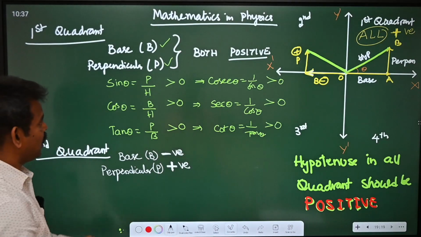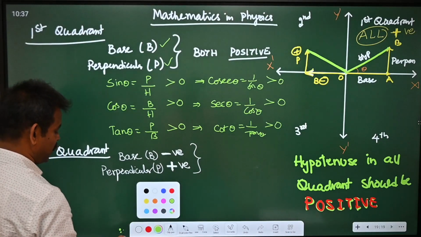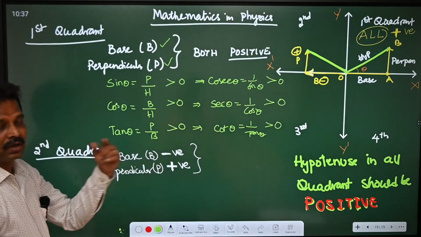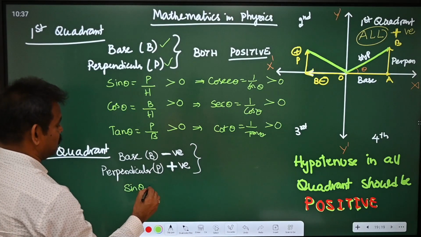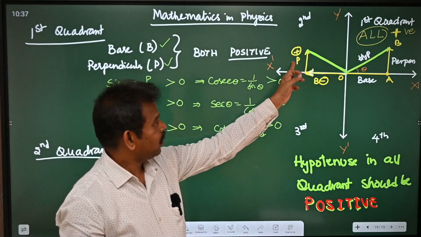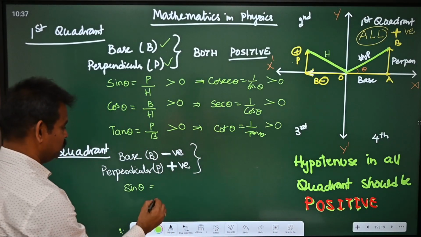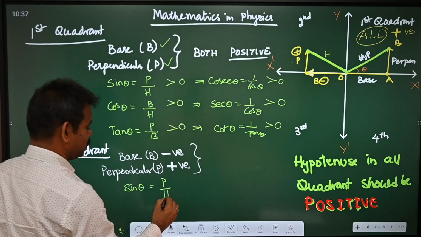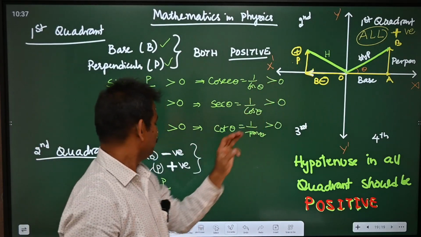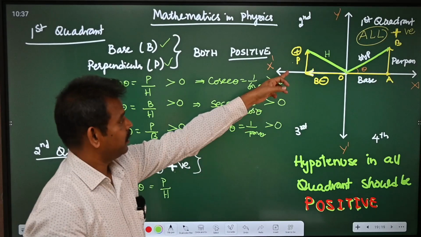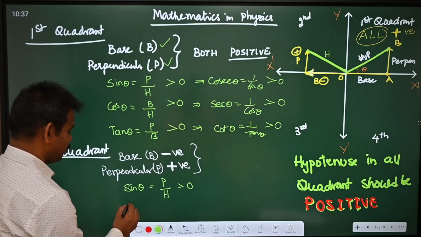From these two, now I am going to write down sine, cos and tan, cosecant, secant and cot. So first one, sine theta is equal to opposite side by hypotenuse, that is p by h. Students, here p is along positive y-axis, positive, and h is always positive, so it should be positive in the second quadrant.